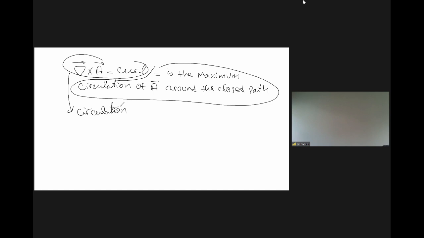I'm not saying it's wrong, but at this point, let's not worry about it. We'll talk about application later. Just use one word: curl is circulation. A vector is going around, moving around. That's called curl or curling. Okay? I'll come back to this definition later.